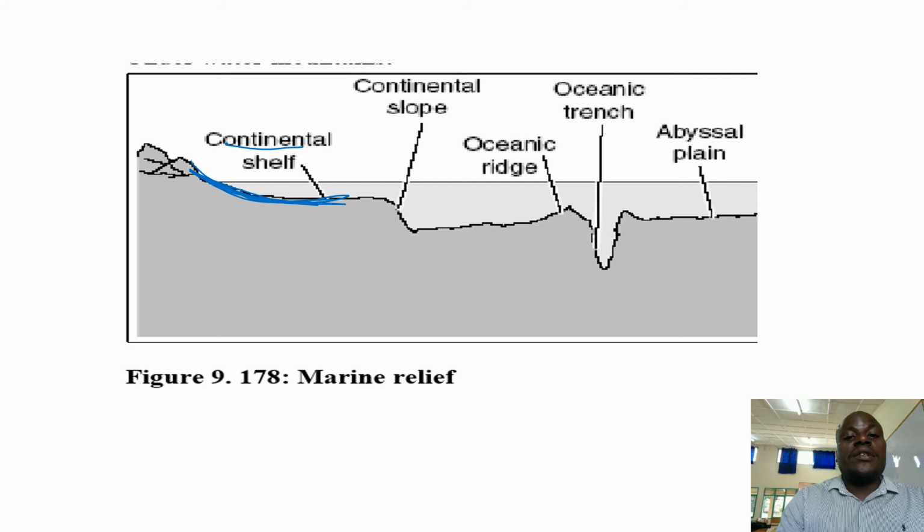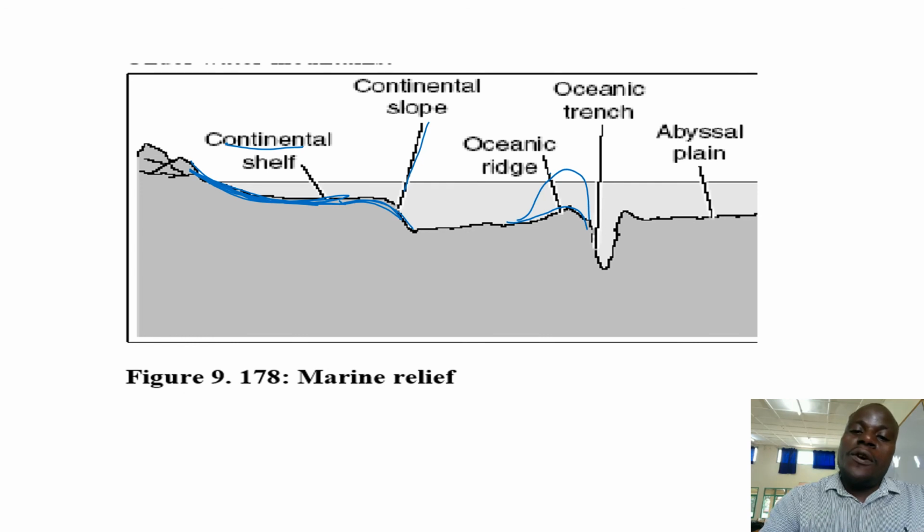After the continental shelf, you go to a steep one with a steep side. This one we have called the continental slope. After that, you go to this raised ridge, standing. Sometimes we say it reaches the water level or goes beyond the water level, called the oceanic ridge.